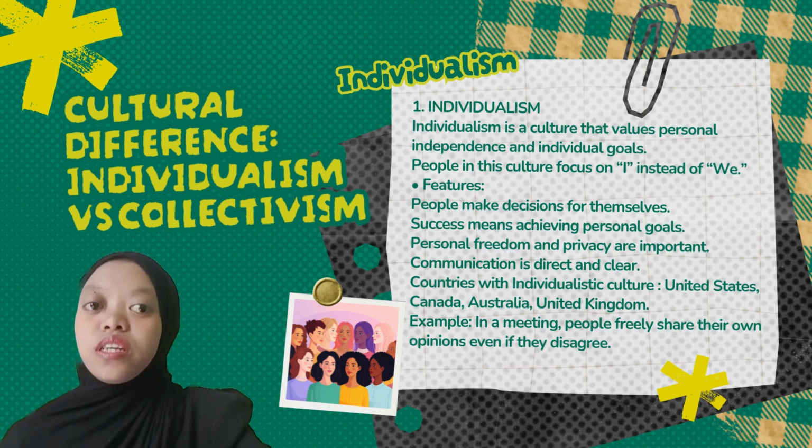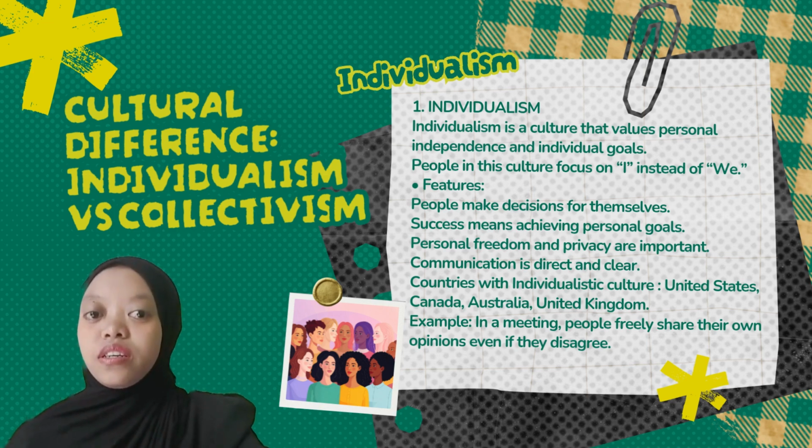Communication is usually direct and clear. People like to say what they think. Countries like the United States, Canada, Australia, and the United Kingdom are individualistic. For example, in a meeting, people freely share their own opinions even if they disagree with others.